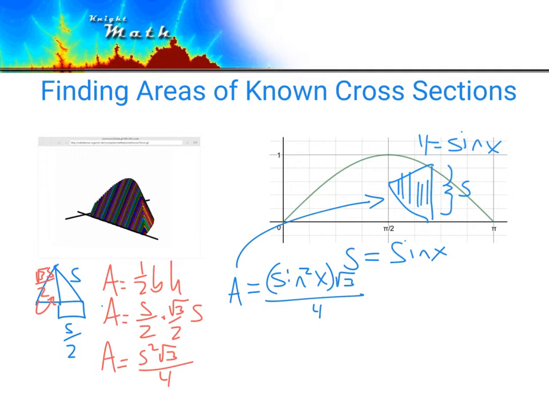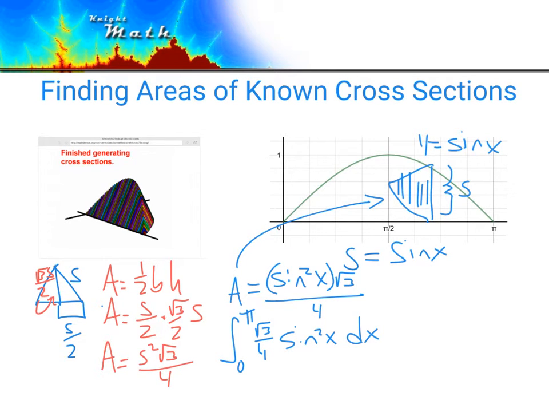Okay? All right, so this one's going to get a little interesting because of that sine squared. So we've got a couple things going on here. So we're going to integrate from 0 to pi the square root of 3 over 4 times sine squared x, just rewriting it differently, dx, okay?